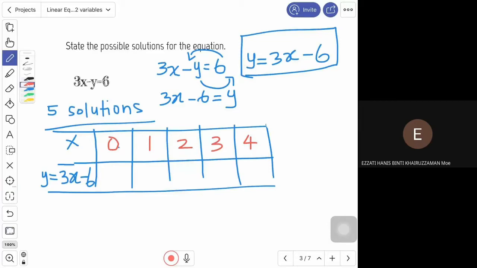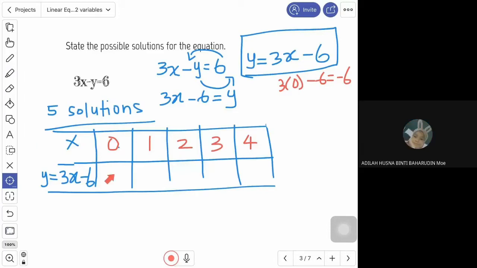For the first one, you just substitute 3 multiply 0 minus 6. So you get negative 6. Jadi, when x is 0, y is negative 6.